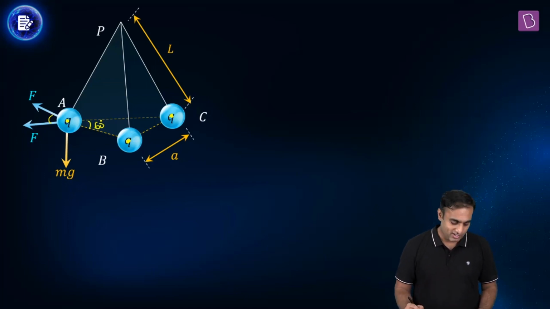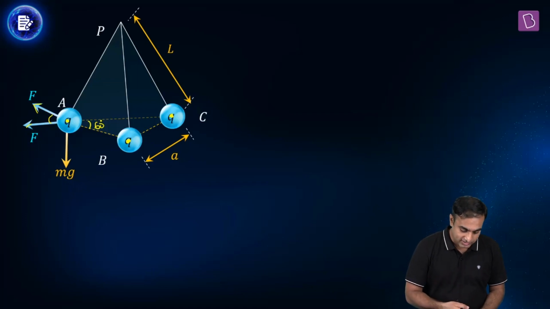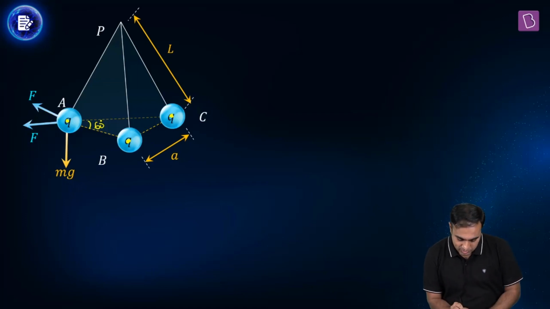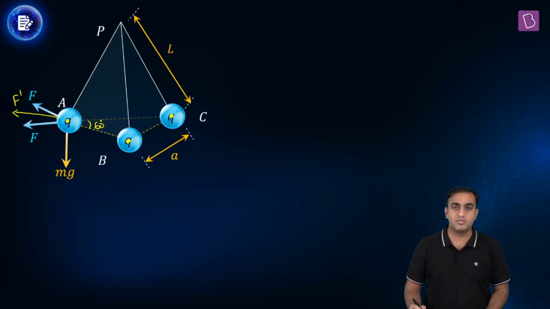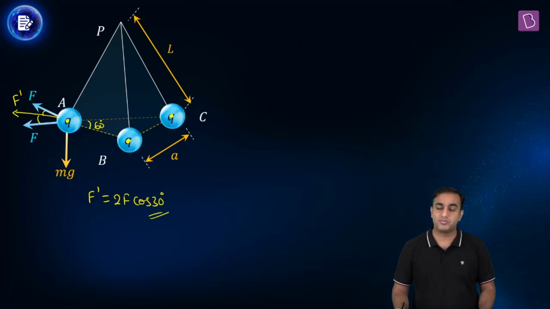In that case, the net force, what do you mean by that? There's one force here, another force here, F each in magnitude, and the net force of repulsion happens to be along the bisector. Let's call it F prime, making an angle 30 degrees each with these two forces F each. In that case, F prime happens to be 2 times F cos 30 degrees.